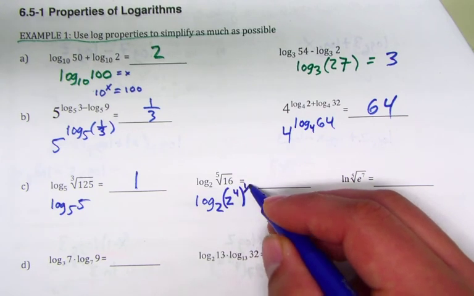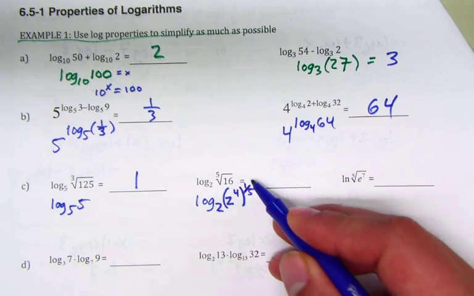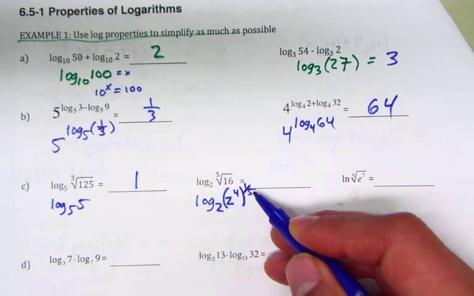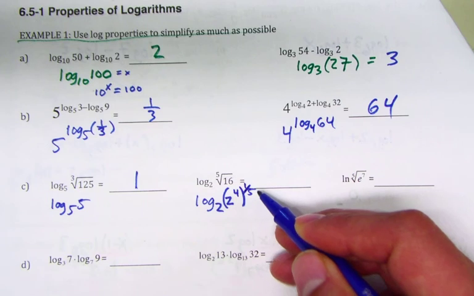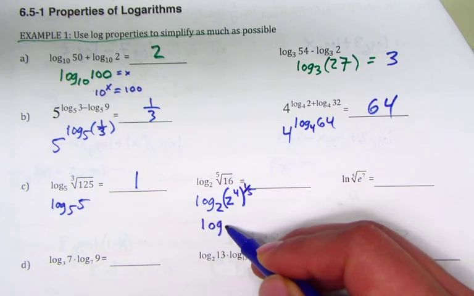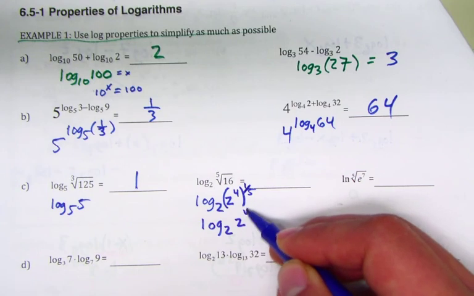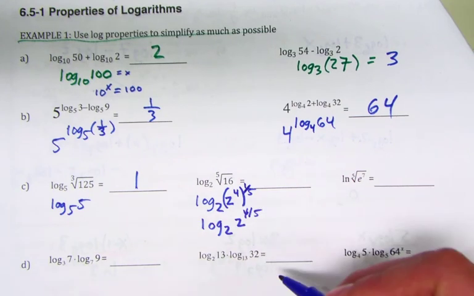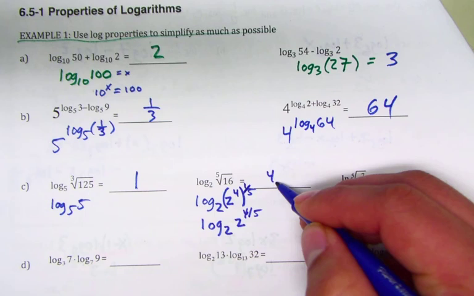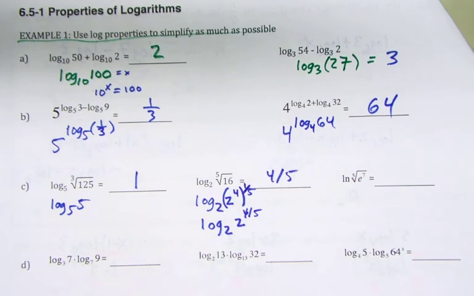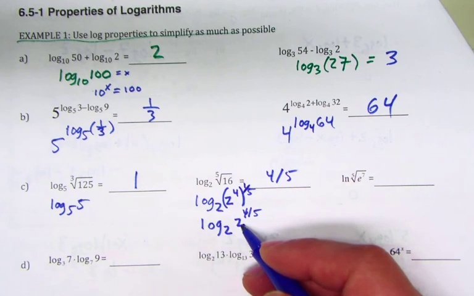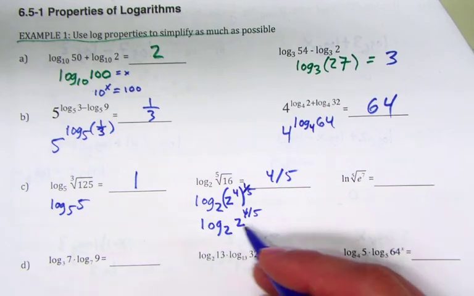But yeah, it's to the 1/5, right? A fifth root is a 1/5 exponent. So now we really have log base 2 of 2 to the 4/5. So the answer is just 4/5. Right, because it's log base 2 of 2 to the 4/5. If this were 3, we wouldn't be able to do it, right? It's got to be the same base. Okay?